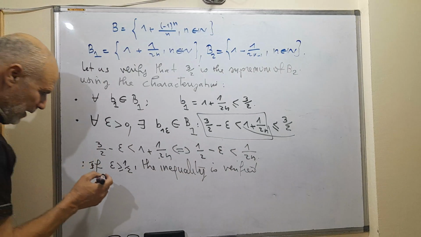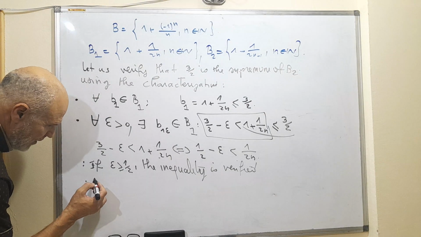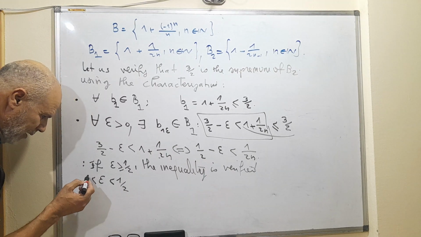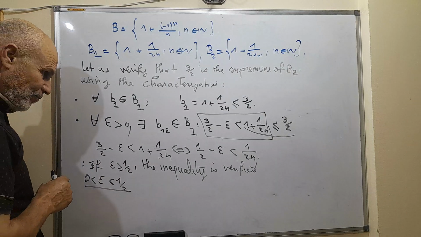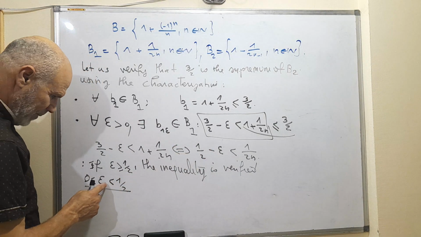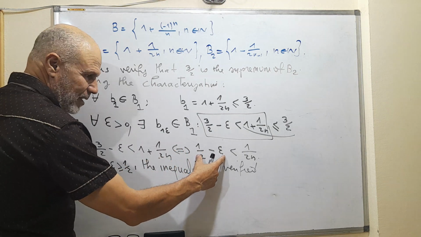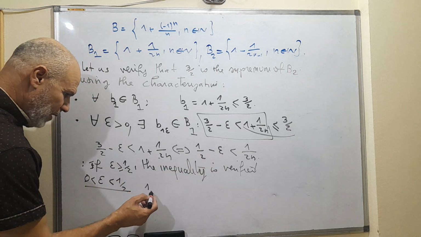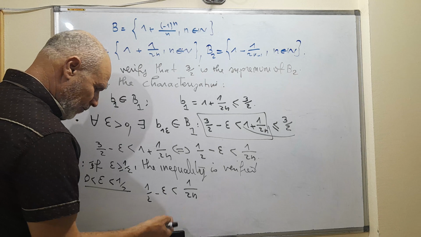So what we do, we take the case epsilon strictly less than 1/2 and strictly greater than 0. In this case, this quantity is positive. So we will get 1/2 minus epsilon less than 1 over 2n.